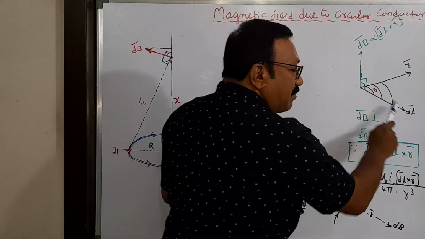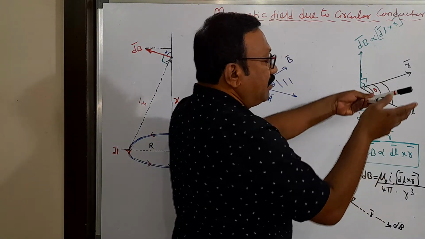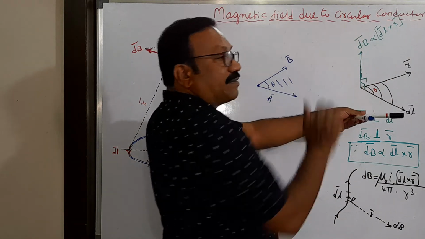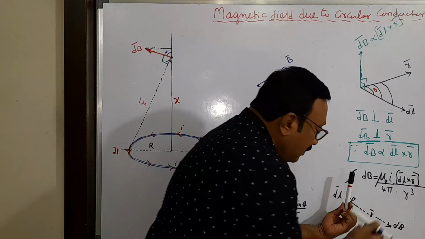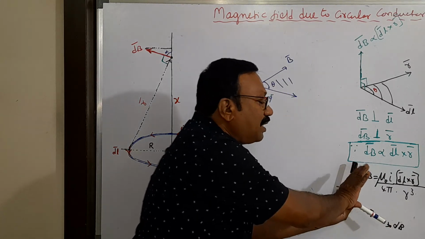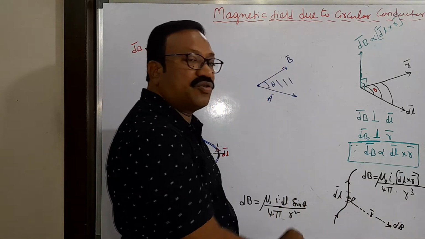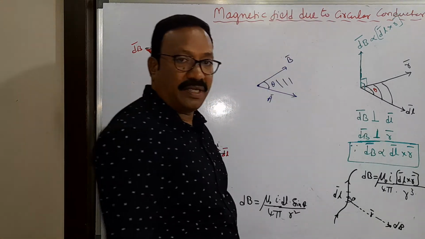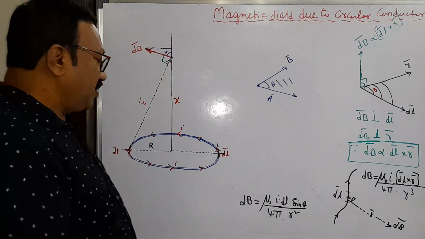For example, this is dl bar, this is r bar, then dl bar cross r bar will be like this. Similarly, if this is dl bar in the direction of current and this is r bar, then dl bar cross r bar will be inward. So I can decide the direction of dB bar by deciding the direction of dl bar cross r bar. That is more important.